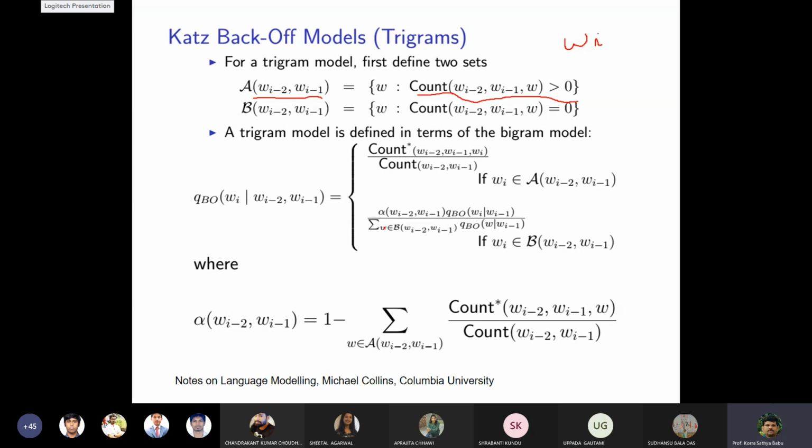Then the same formula we have seen earlier, you apply here also, depending on its occurrence, whether it is more than zero occurrence or zero occurrence. And for the alpha formula here, alpha of wi minus 2, wi minus 1 is given as 1 minus the sigma over w belonging to A, meaning more than zero occurrence should be there, of the count of this trigram divided by the count of this bigram.